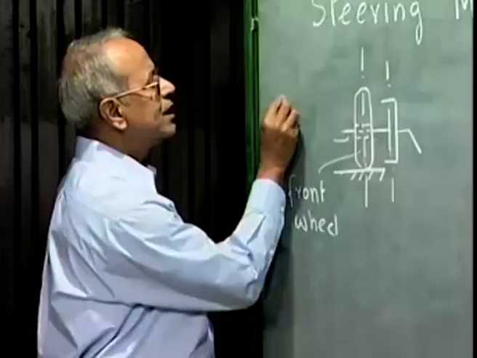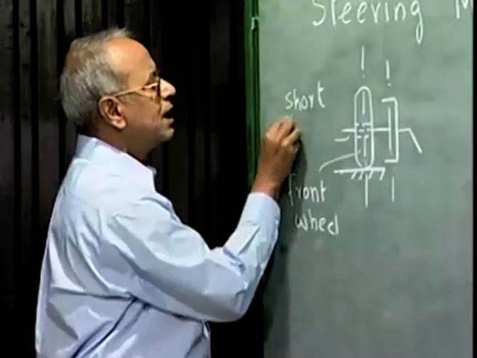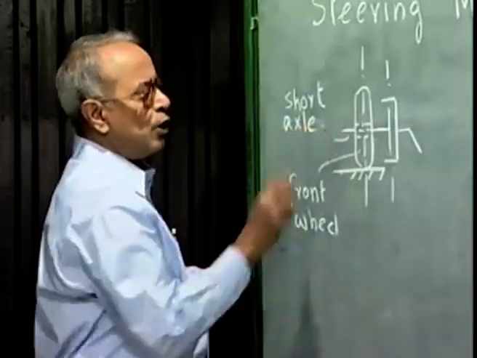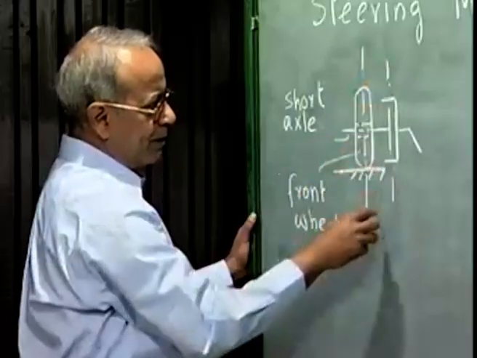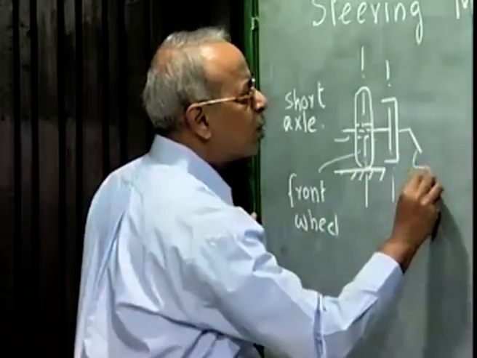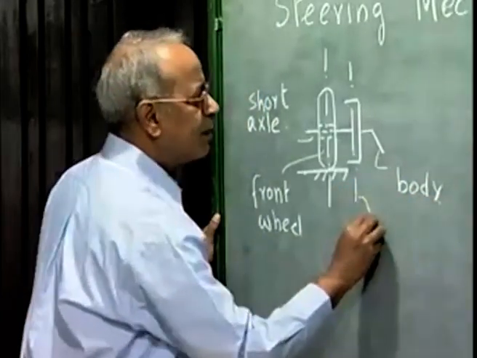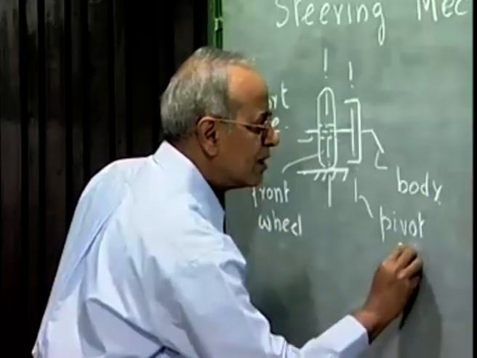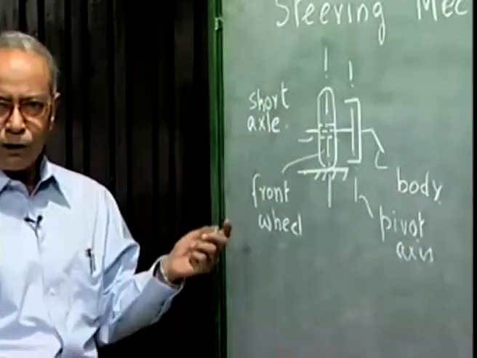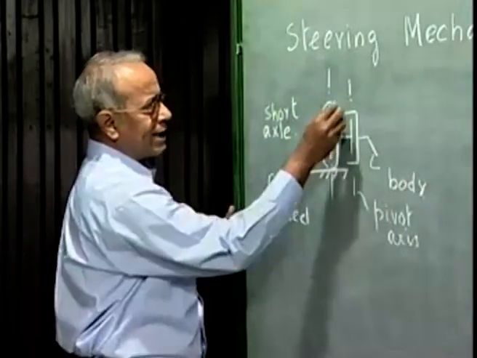This is a short axle which is pivoted to the chassis, and the pivot axis can be vertical. This is the body of the automobile, and this is the pivot axis. When the car wants to take a turn, this front wheel rotates about this pivot axis.